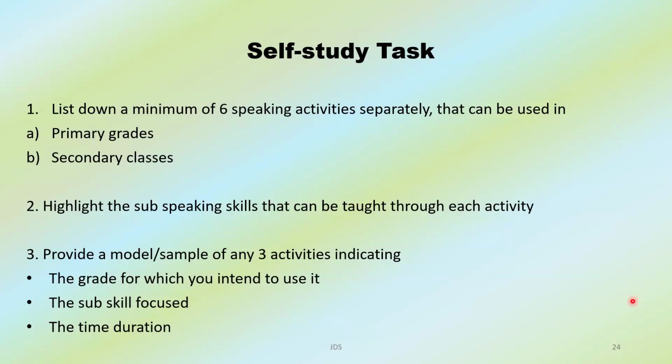You need to write that story, give the story, and then tell what is the sub-skill you are going to teach through this story, and roughly what will be the duration of this particular activity. If you are going to do it as a practice activity, maybe it will take 5 minutes, 6 minutes like this. You have to just mention the time duration.